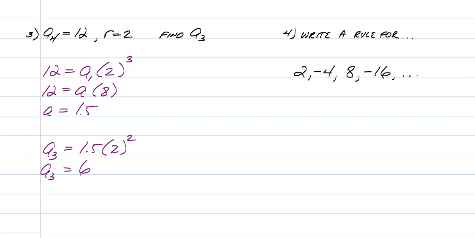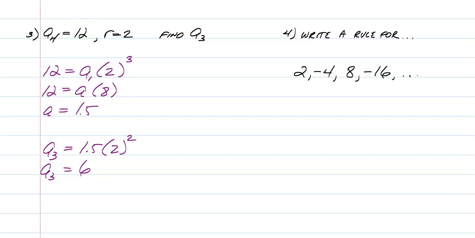Okay, and that's what we got going on for that one. Which would make sense, because now after that, if you multiplied that by 2, you are going to get 12 right back to the fourth term. So if you were slick enough, you could have figured out that that was 6, because if you would have just divided 12 by 2, that would take you to the previous term of 3.